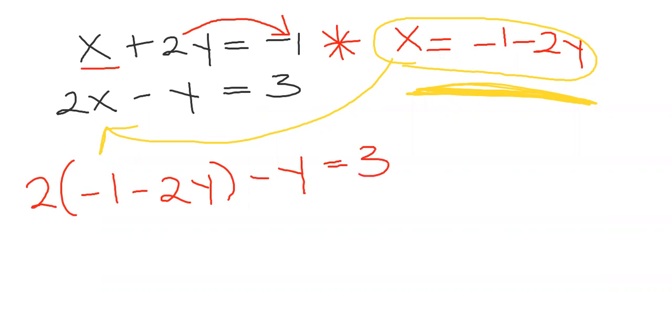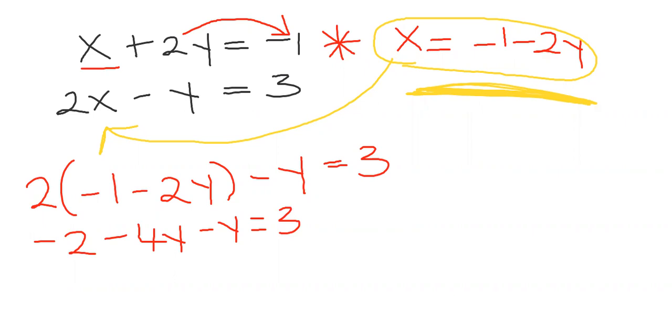Then simplify your equation. The 2 multiplies everything that is inside the brackets. So 2 times -1 gives us -2, and 2 times -2y gives us -4y. Then minus y, and this is equal to 3. Then continue simplifying your equation, working out like terms.